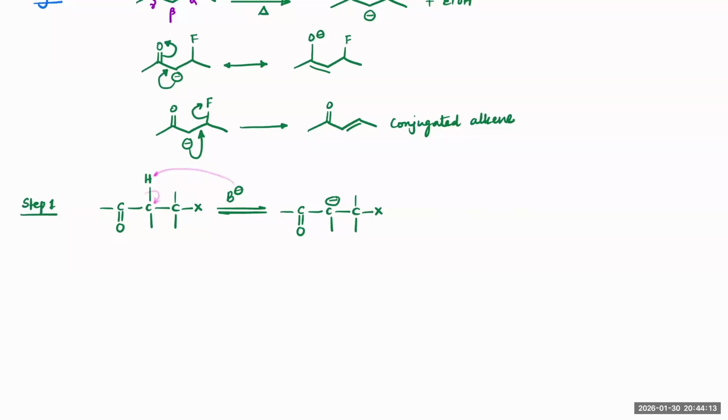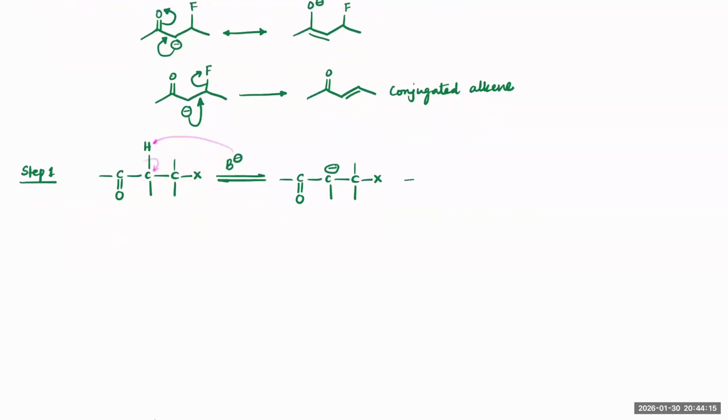What is a carbanion, by the way? This plus BH is formed here, so basically the substrate is acting like an acid.